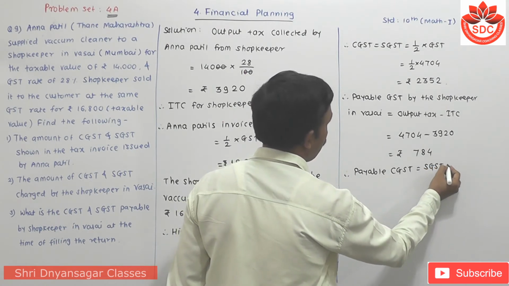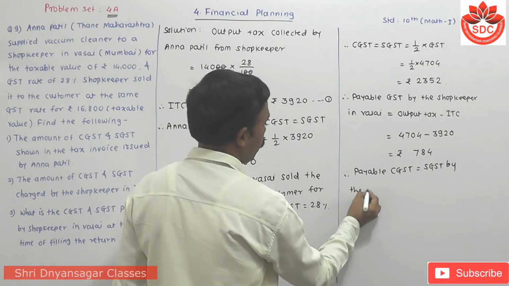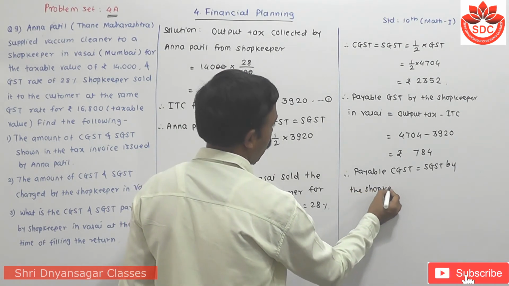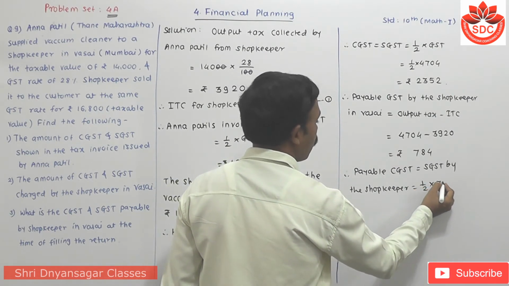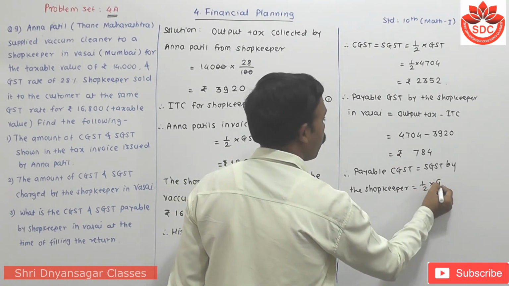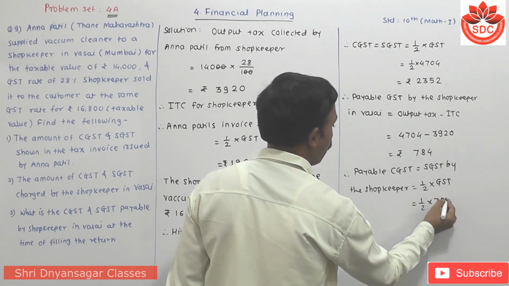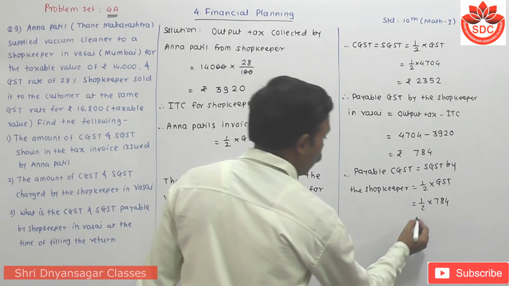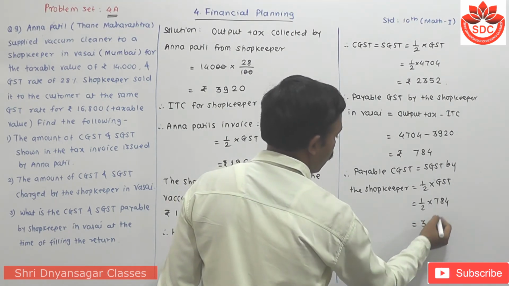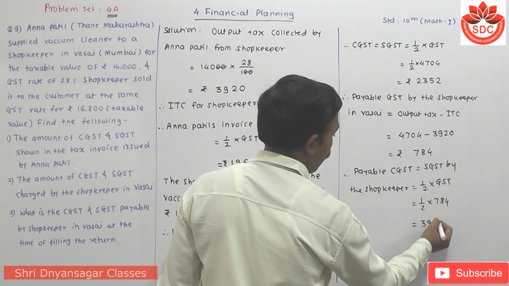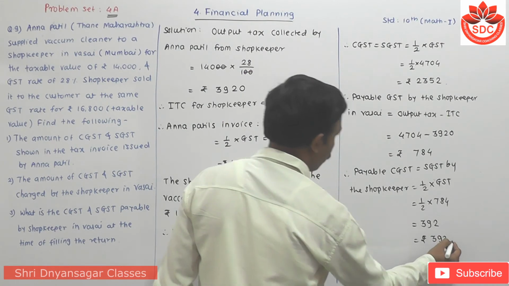SGST is, by the shopkeeper, equal to half of this GST. Is GST here means that half of how much? 784. When we simplify, 2 3s are 6, 1 carry, 2 9s are, and 2 2s are, means that this is rupees 392.